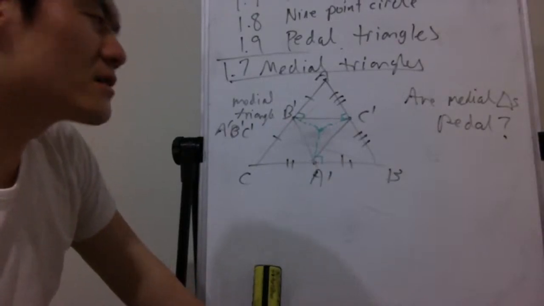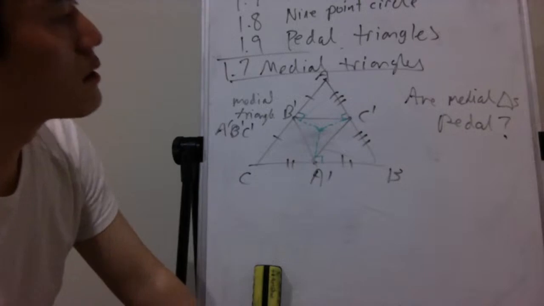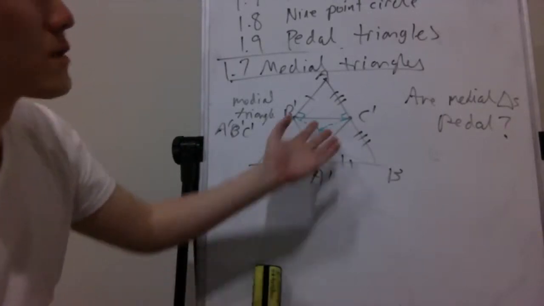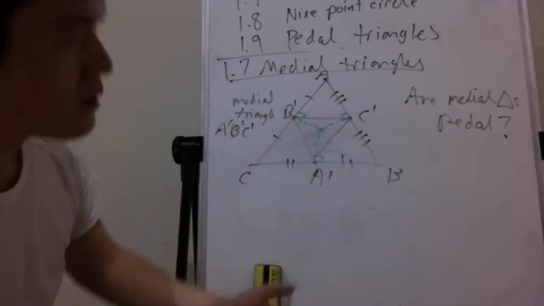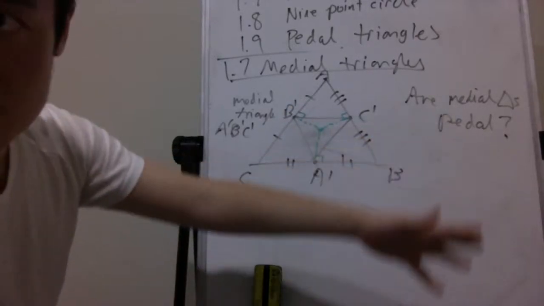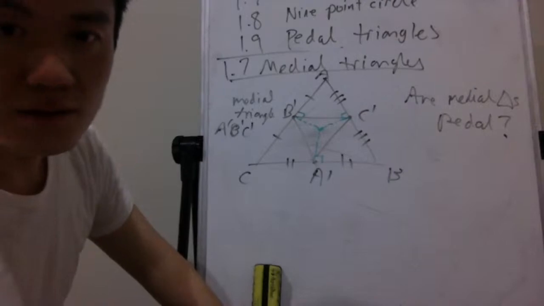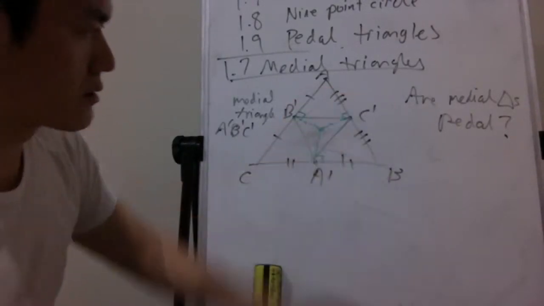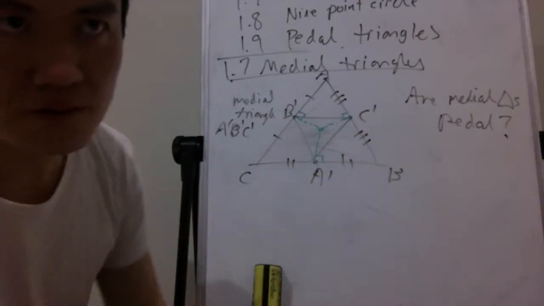I guess it's technically not correct, but mostly correct, because the circumcenter might not be inside the triangle, and the pedal triangles have to have the points inside. But the major idea here is that it could be a pedal triangle, basically.